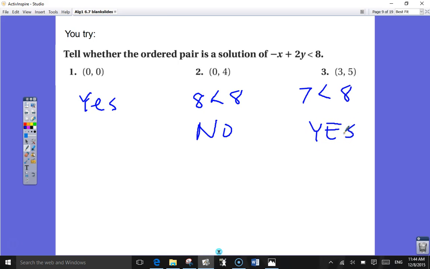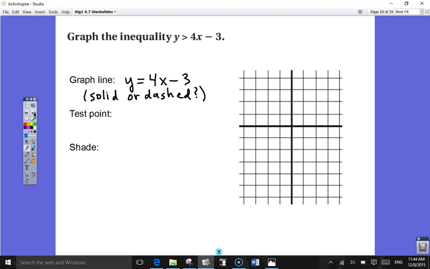Okay, so that's what we mean by testing a point. But you'll get to pick the point. You could pick any point that's not on the line. So graph the inequality. These are pretty much the steps that they told us on that slide. First, graph the equation y equals 4x minus 3, right?